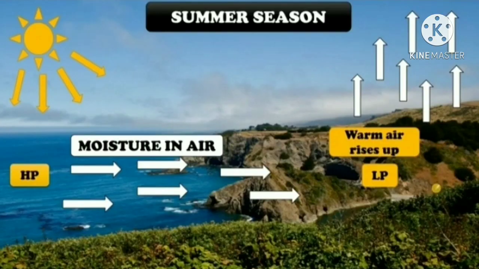The air over the land gets heated and rises up, creating a low pressure area. To cover this low pressure area, winds move from the high pressure area present at the ocean. So high pressure winds from the ocean rush towards the low pressure area of the land.